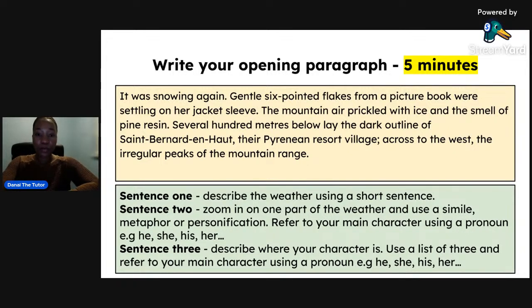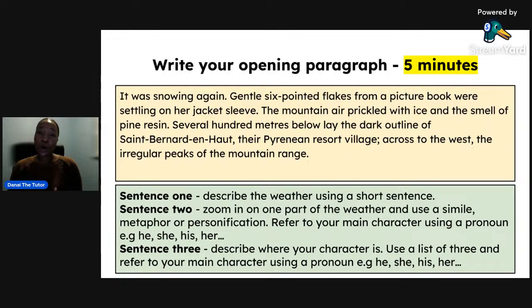Okay, so hopefully you've been able to make a start. I know it wasn't very long. Hopefully you've been able to make a start on your opening paragraph. This is just to give you an idea of how you can use texts to help you, which is why people say that reading makes you a better writer, because you're observing how it's done well and then doing the same. Again, you are not copying the writing itself, however, you are copying maybe the structure or the techniques.